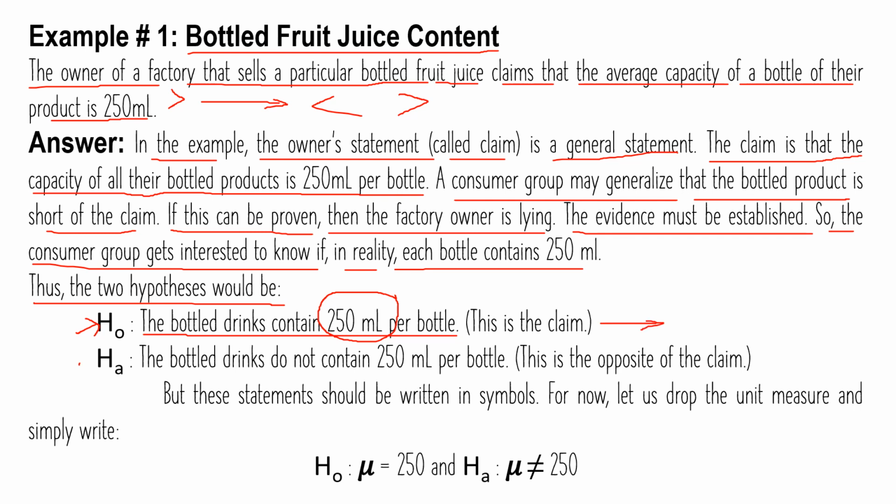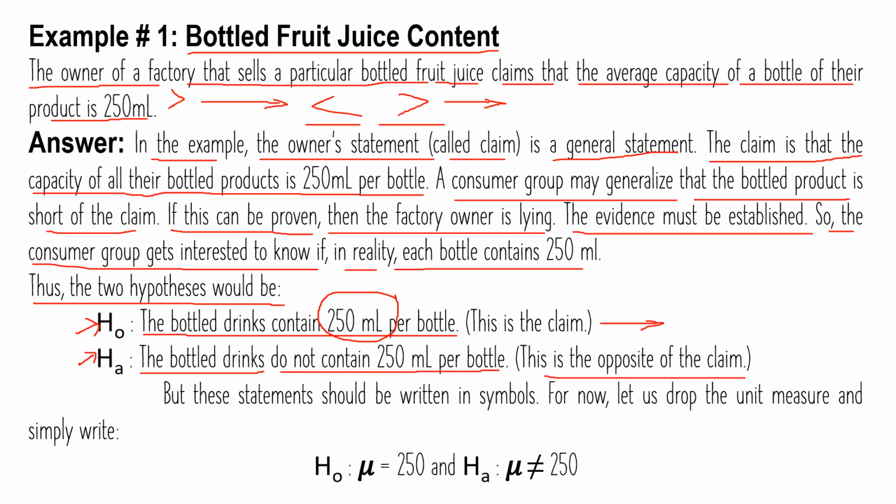Now, your alternative hypothesis is totally the opposite of your null hypothesis. Again, a while ago, I said that there is no keyword mentioned in your problem, for example, less than or greater than. So we simply state that the bottled drinks do not contain 250 ml per bottle.